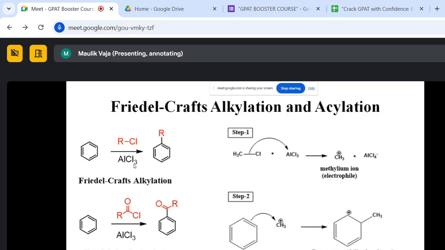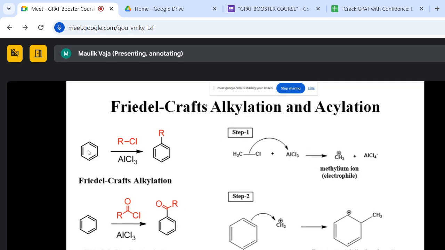Same as FeBr3. Here the RCl bond is a stable bond, so AlCl3 came into the picture. It increased the polarity of this bond, generating the R plus cation, and it is converted into AlCl4 minus.